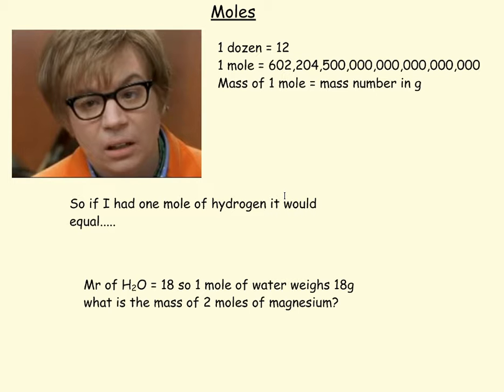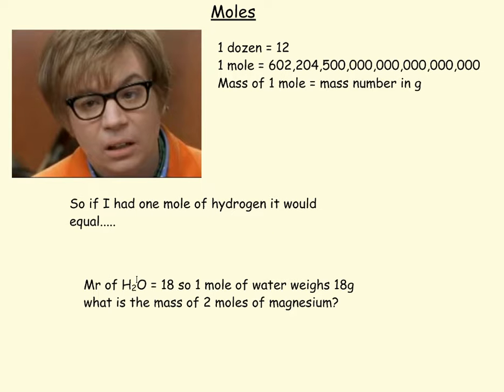So 1 mole of hydrogen has a mass of 1 gram. 1 mole of nitrogen has a mass of 14 grams because that's the top number. It has the same number of atoms, but it weighs differently. It's like a dozen eggs is going to weigh differently to a dozen feathers, isn't it? But they're still a dozen.